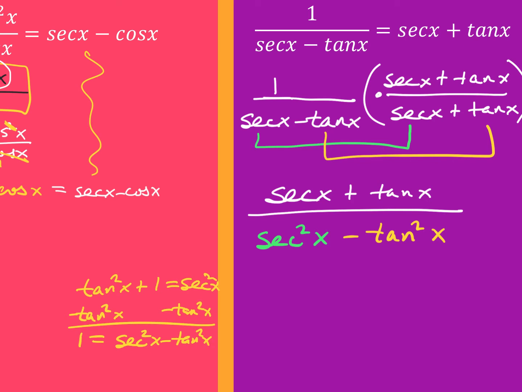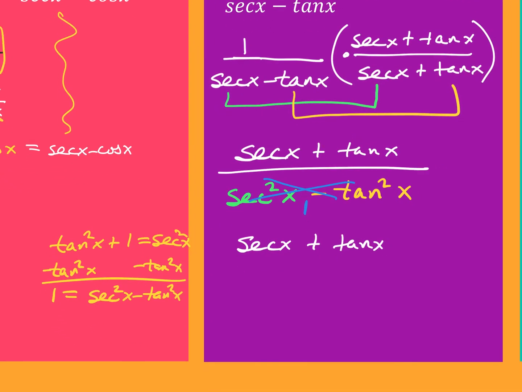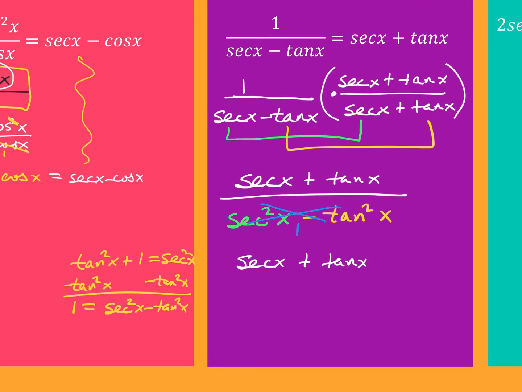So I'm going to simplify and change the denominator to a 1. So now I'm left with secant x plus tangent x. And it's a 1 in the denominator, so I don't need to write it. And remember, this is what it wanted us to originally set it equal to. So I'm done.